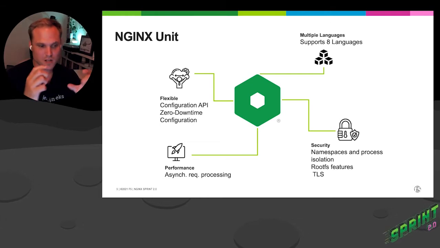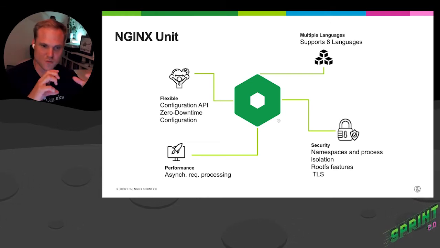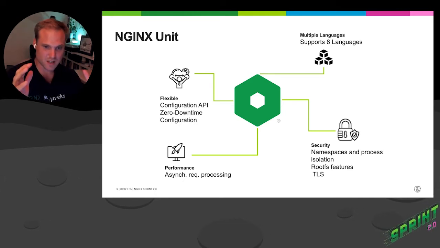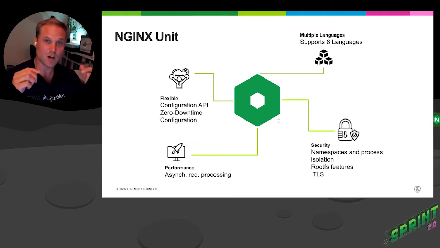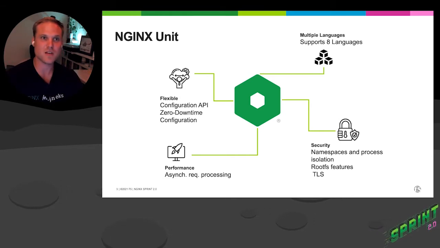That's why I'm saying polyglot application server is a good description for a specific part of Nginx Unit. But at the end, it's a lot more than just an application server, because there is a lot more needed to deliver your services and applications to your customers than just the capabilities of an application server.